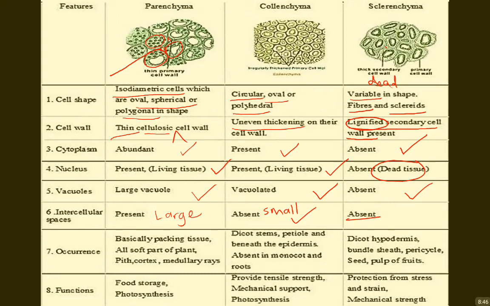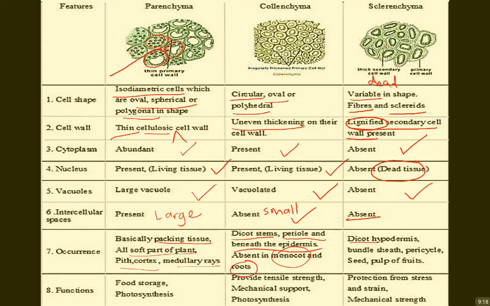So occurrence, where can we get parenchyma? Basically packing tissues or the soft part of the plant, be it cortex, medullary rays. For collenchyma, in the dicot stem, on our petiole, meaning the midrib of the leaf there, under the epidermis, not in monocot plants and the root.